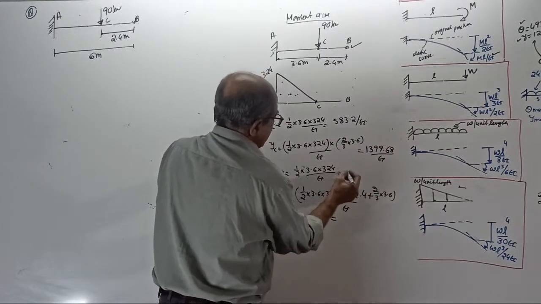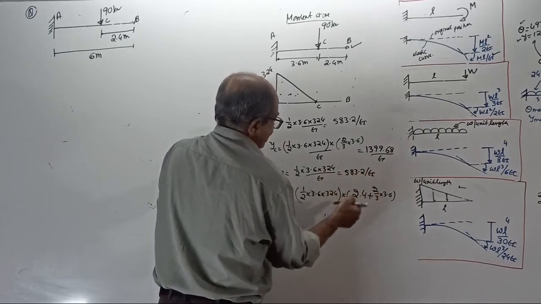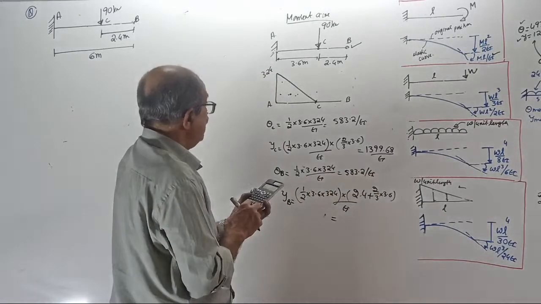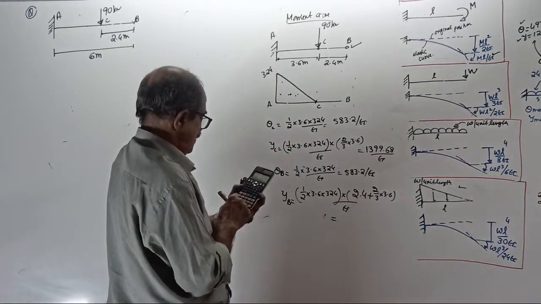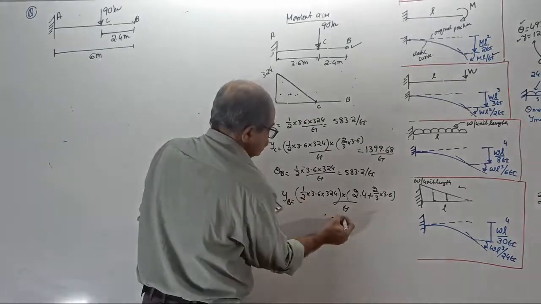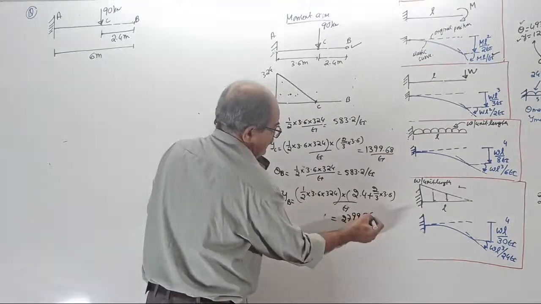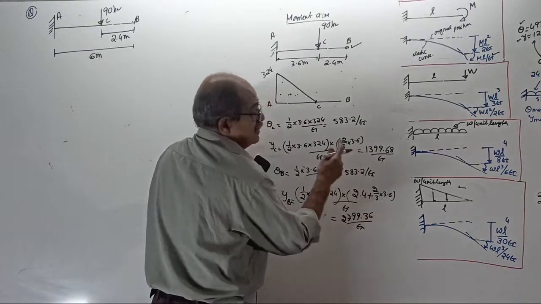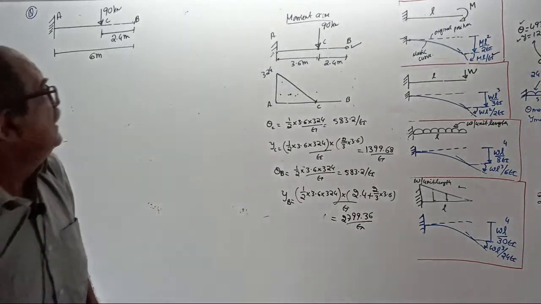Here, once again, 583.2 by EI. This is 2799.36 by EI. Slopes are in radian, deflections are in meter, direction, see elastic curve.